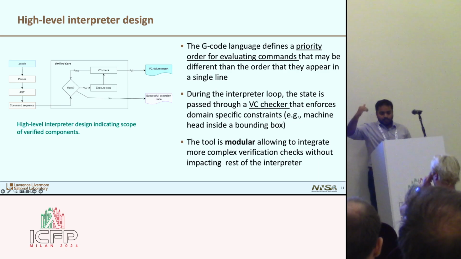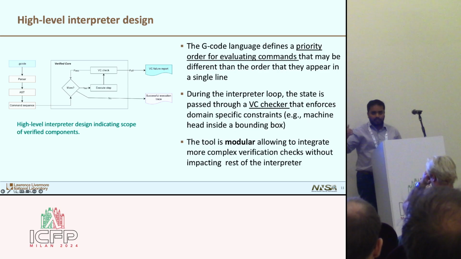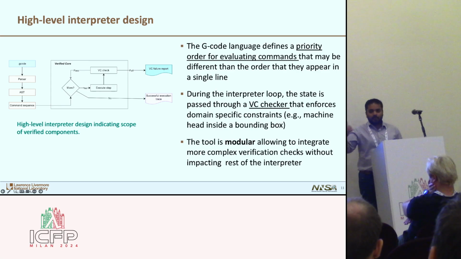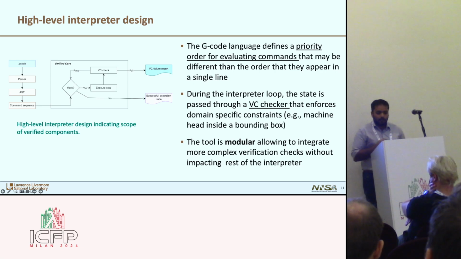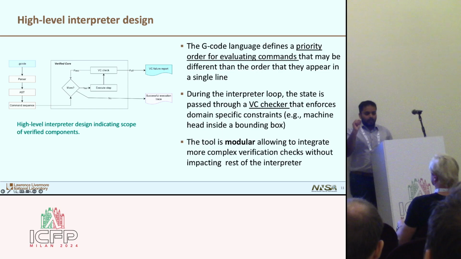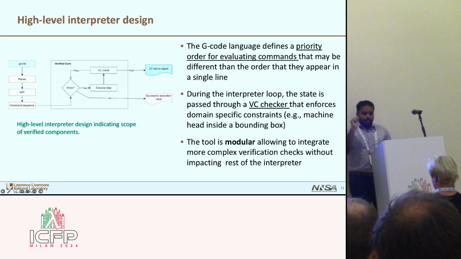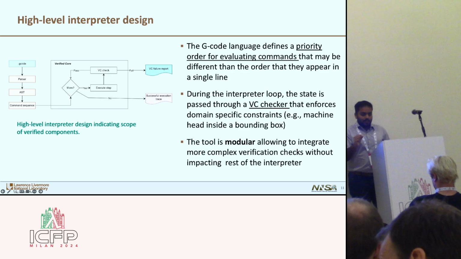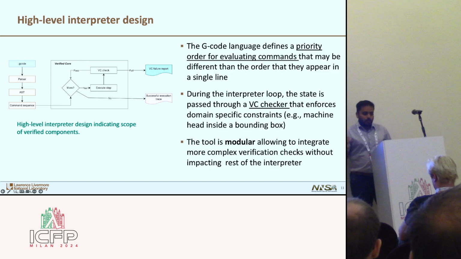If this whole thing goes well, then our interpreter emits an execution trace, which tracks the coordinates of the printer head throughout the print, and which can then be exported to visualize the 3D model. However, if at any step the output state doesn't satisfy this VC check, then the interpreter terminates and generates a failure report, which details where things have gone wrong, with a very helpful message.